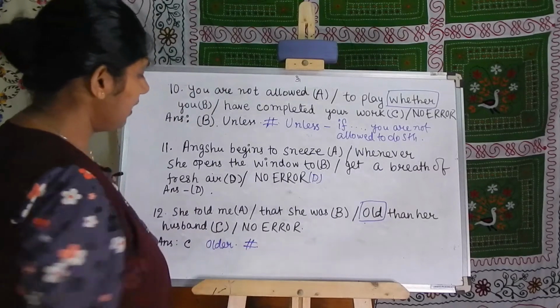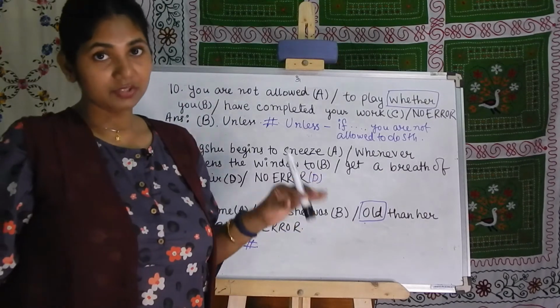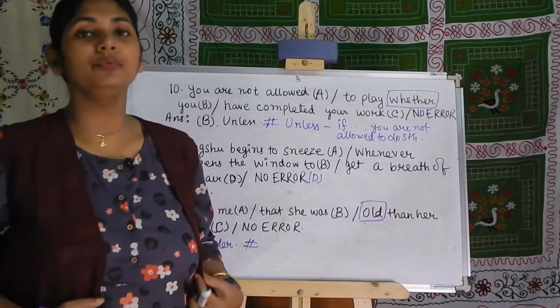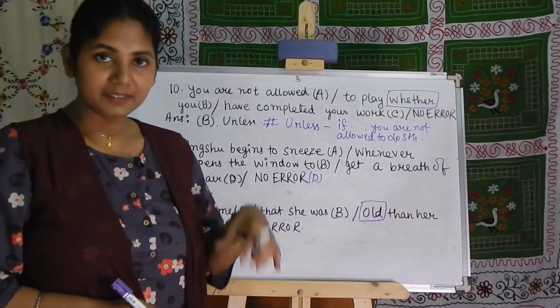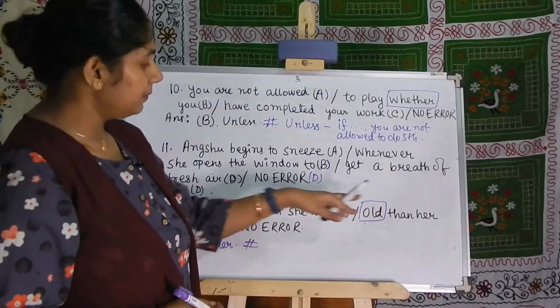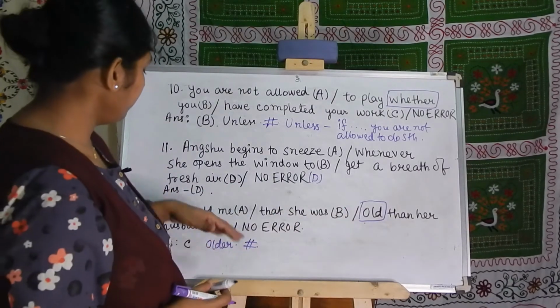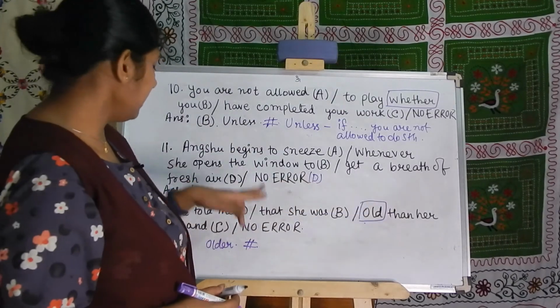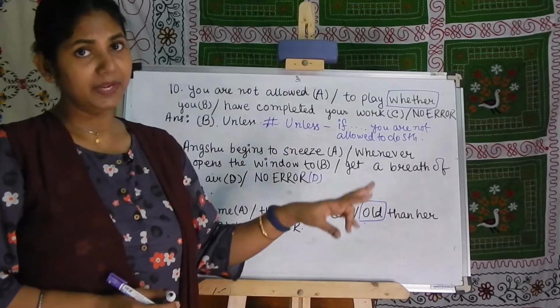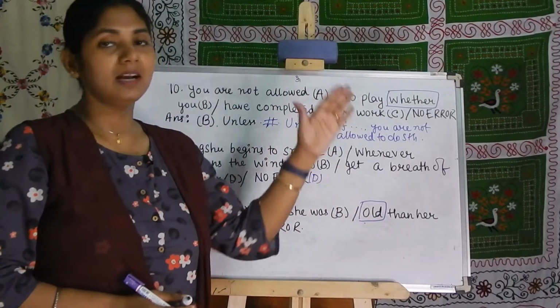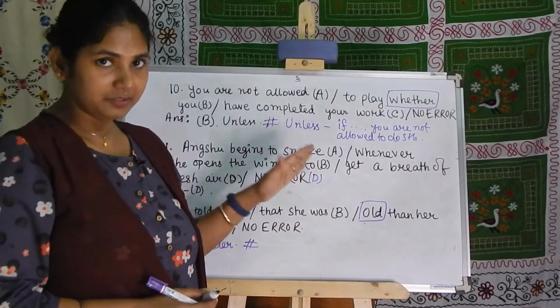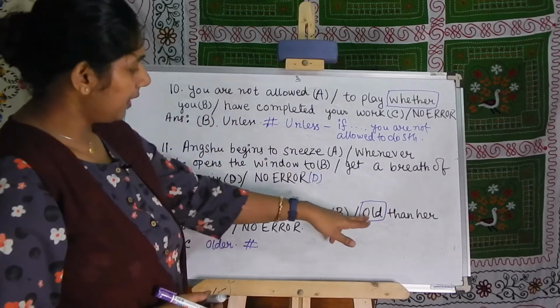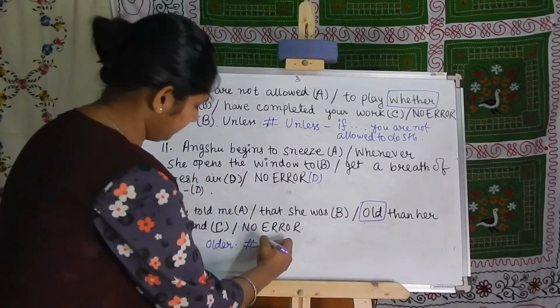Because in adverbial clause of comparison, we have to use a comparative degree to compare between the two things. So, she told me that she was older than her husband. So, here the comparison between she and her husband is made. That's why according to the rule you have to use older.